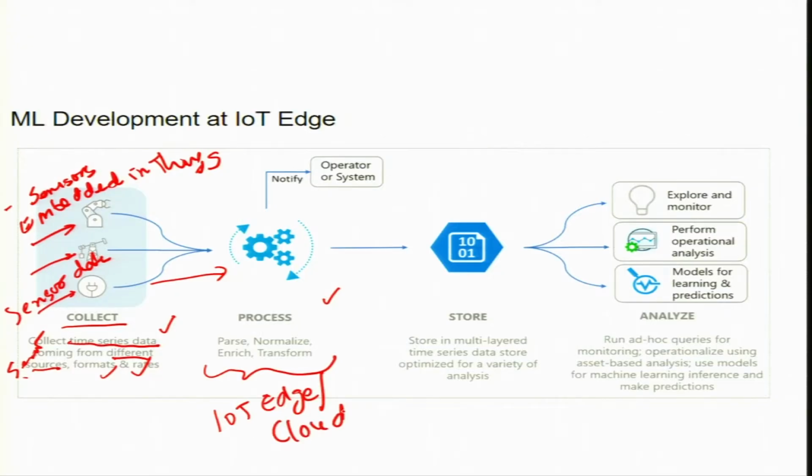The next stage is the pre-processing of this incoming data, and that is to parse, normalize, enrich and transform. So, this particular process is the pre-processing of this sensor data, which is also sometimes called time series data.